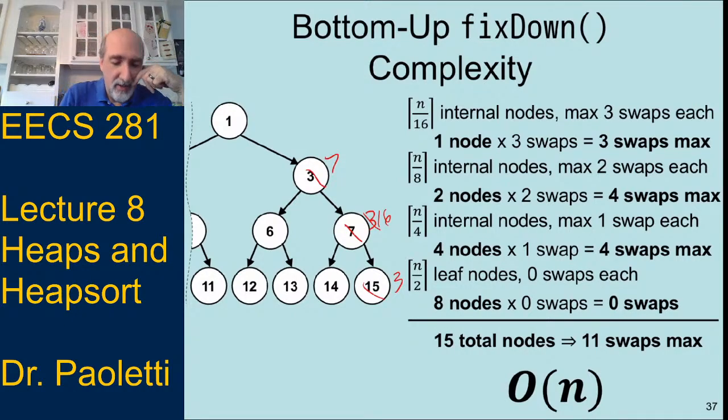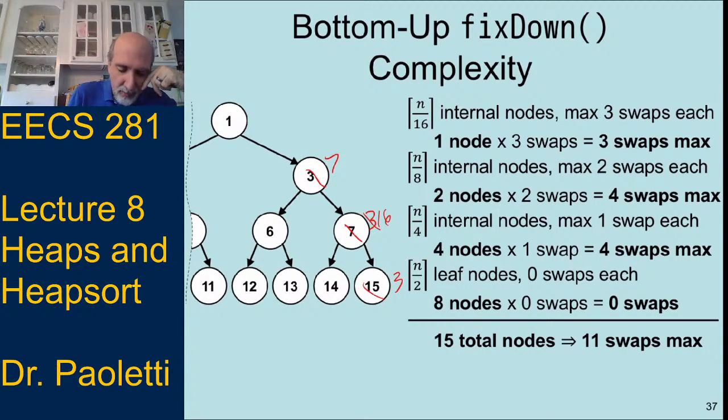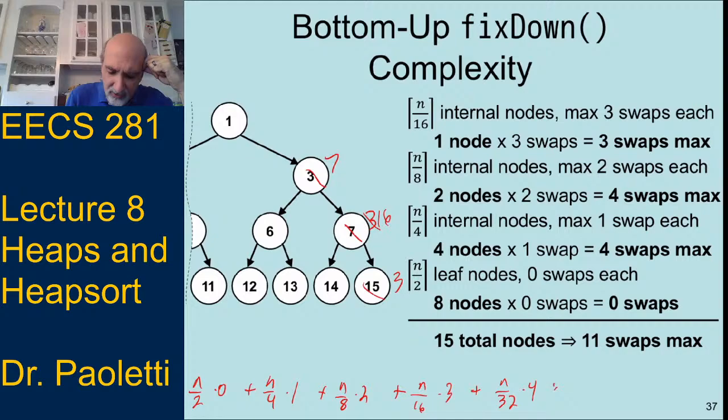So we've got, and just back up a little bit, we had n over 2 times 0 plus n over 4 times 1 plus n over 8 times 2 plus n over 16 times 3 plus n over 32 times 4 plus n over 64 times 5, and eventually I'll get to n over n, one node, which is the root, has log n.